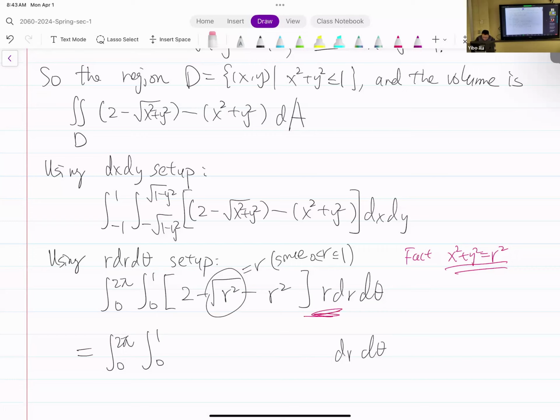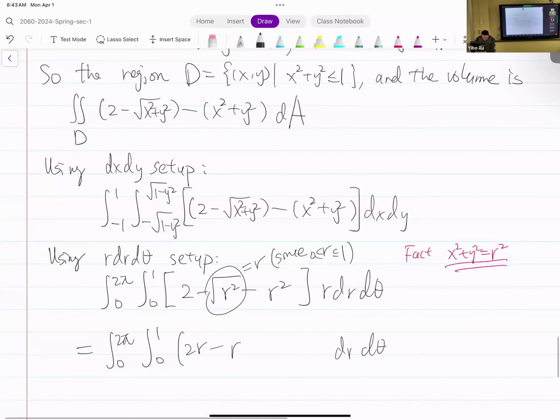So we can distribute this multiplication. This gives you a polynomial inside, which is 2r minus, well, the circle part is r, multiplied by the outside r is r squared. Finally, we subtract r squared times r, which is r cubed.